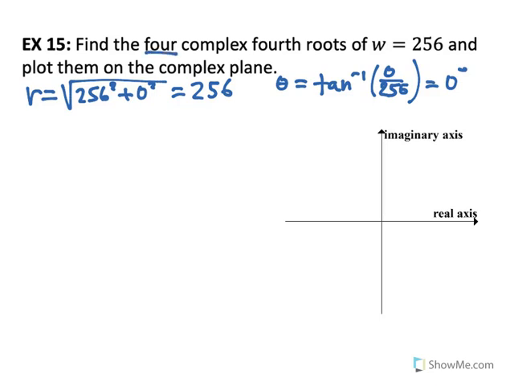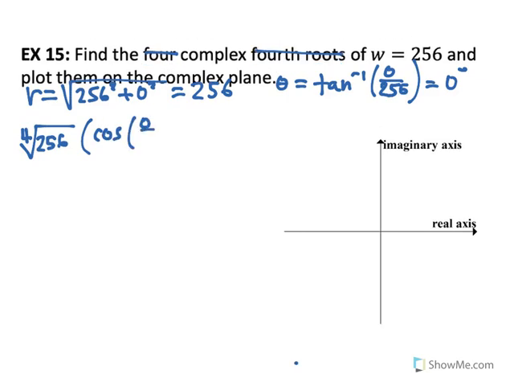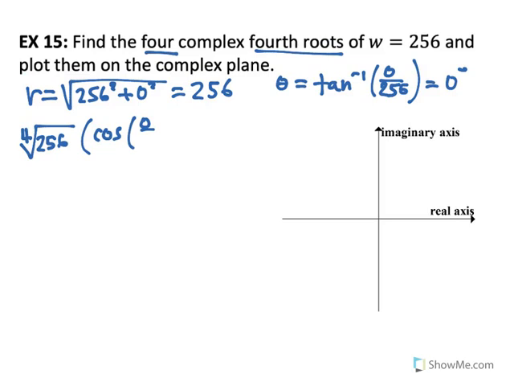It does say find the four complex fourth roots. So we're going to take the fourth root of 256 times cosine of 0 over 4 plus 360 over 4k.